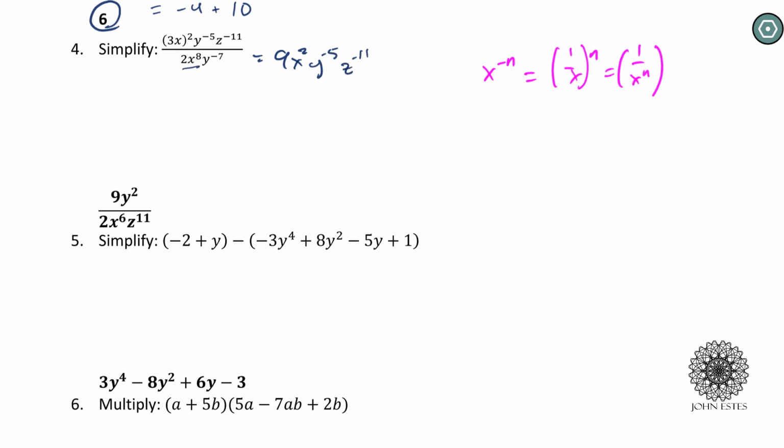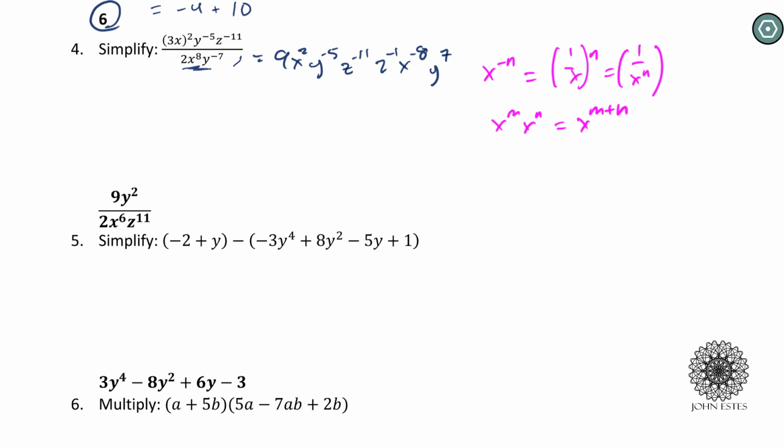Now bringing this stuff up into the numerator, I have 2 to the negative 1 power, x to the negative 8 power, and y to the, it was the negative 7, but bringing it up into the numerator makes it a positive 7. So from there I can add like terms, or multiply like terms is what I mean, but I said add because remember, if you have x to the m times x to the n, that's m plus n power for x. Okay, so these are two properties of exponents we're using here.